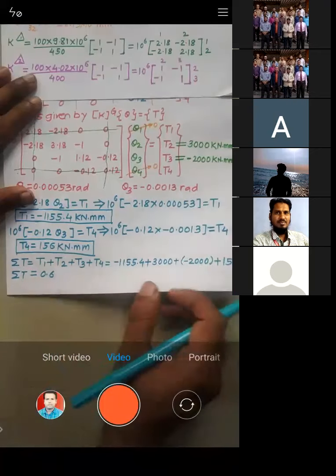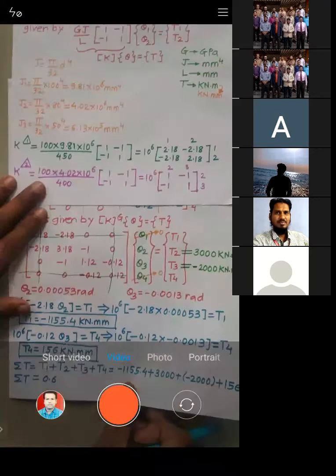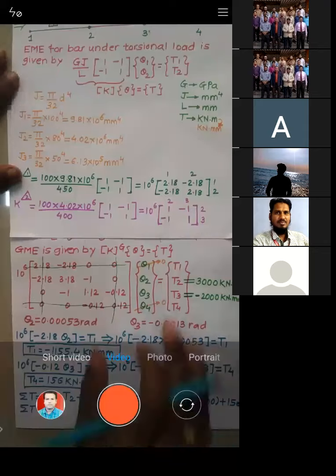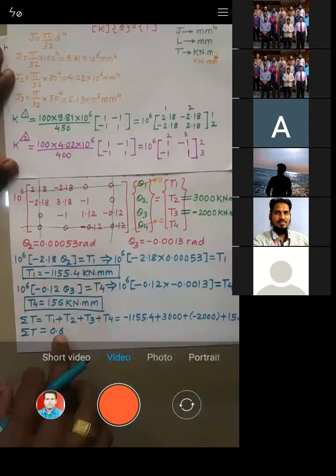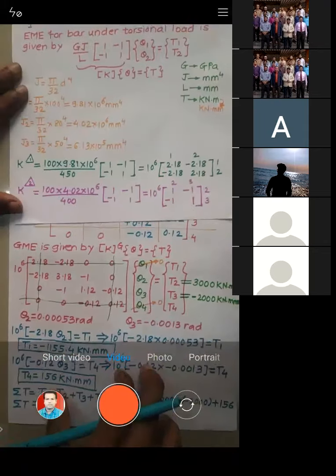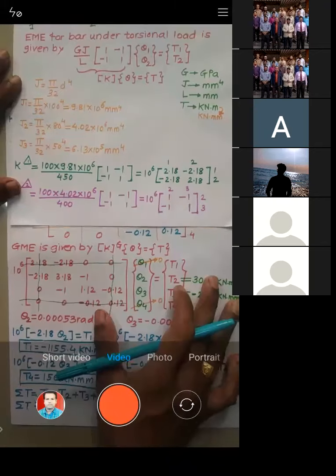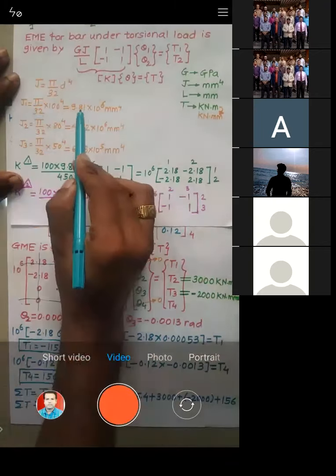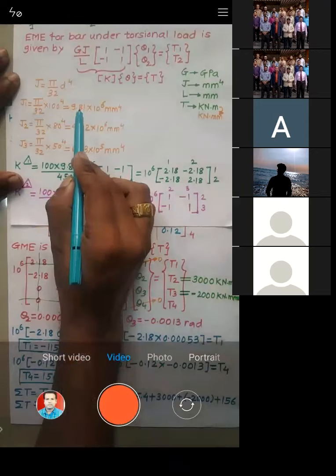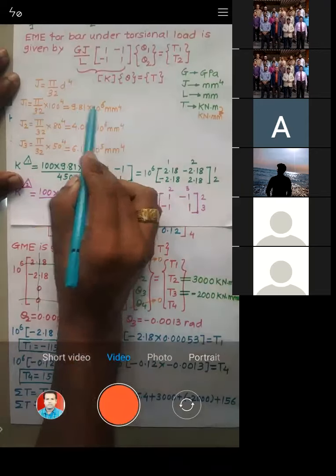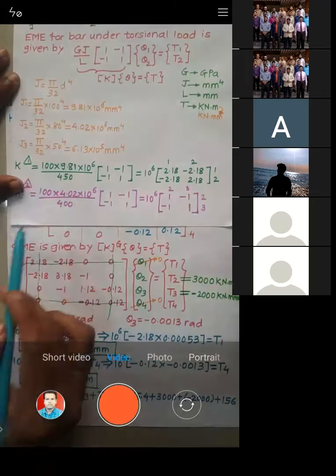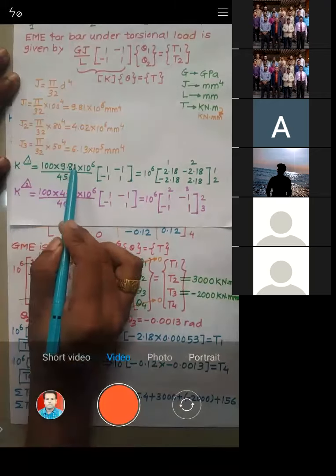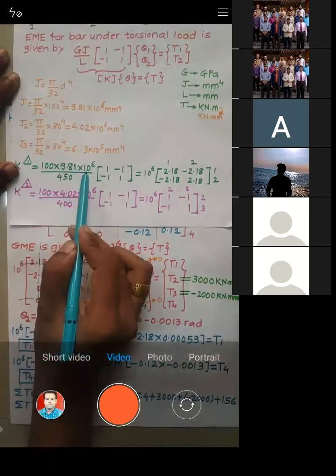So as I told you in the last lecture, why does this error of 0.6 occur? It is a reason. Your error starts from this step only. If you take more digits after the decimal point in the calculation of J1, your stiffness matrix will be more and more accurate.